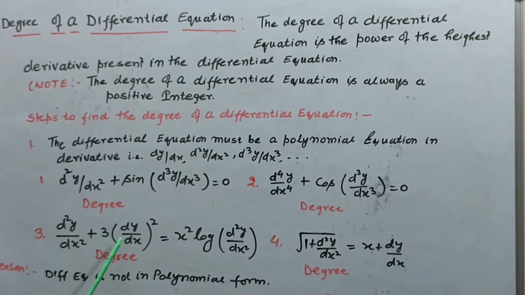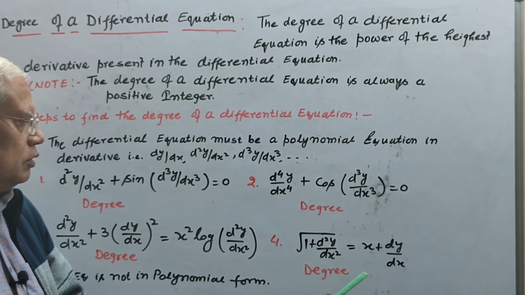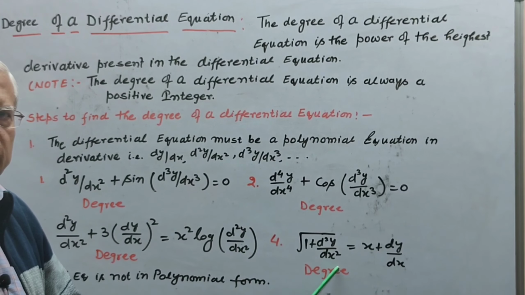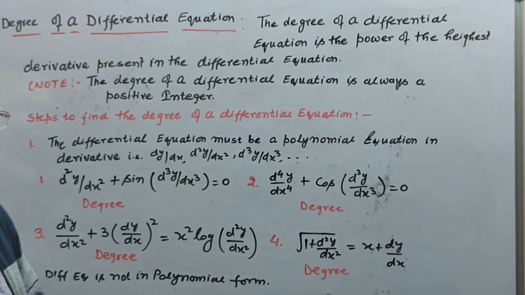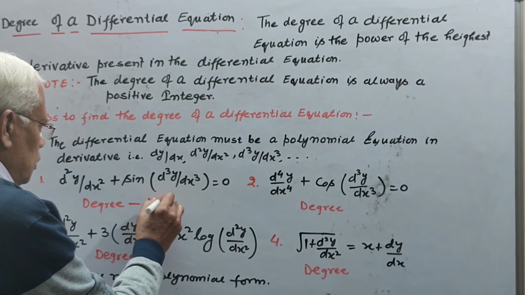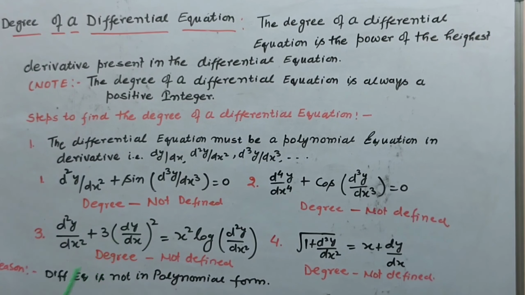And similarly, this is equal to x square log d2y upon dx square or the square root, etc. All these 4 examples are not in polynomial form. So what will be the degree? The degree will be not defined. And what is the reason? The reason is that the differential equation is not in polynomial form.